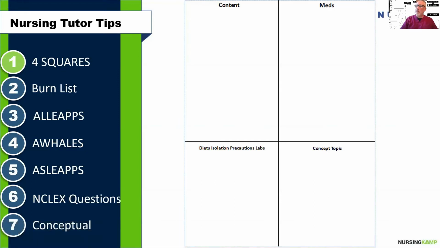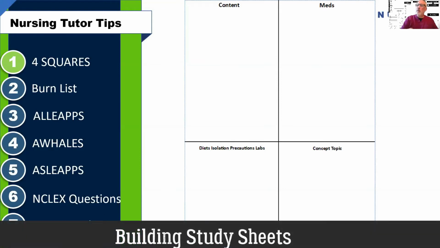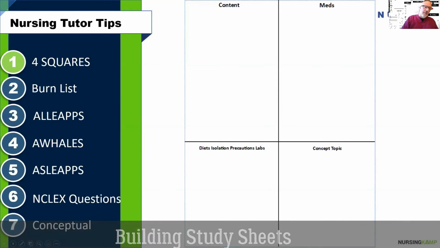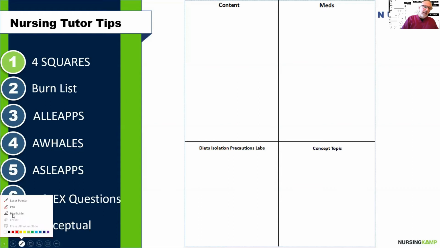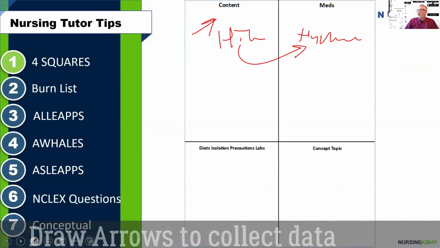So when you're studying, this is a way to have a depository of all that content. As the teacher talks, we start to write down the different areas. When we're looking at the content, we would write down something like hypertension and categorize it with a plus or a minus. Then if the teacher was talking about medications like hydrochlorothiazide, and we knew that was related to hypertension, we would draw an arrow to it.